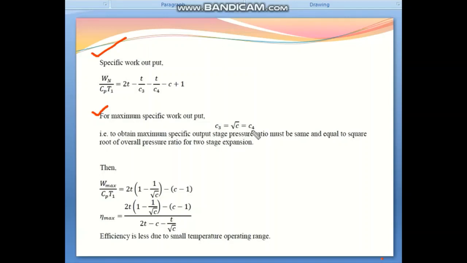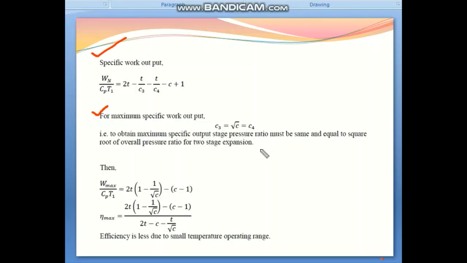We can assume that C3 is equal to C4 is equal to root over C. So to obtain the maximum specific output, the pressure ratio in each stage must be the same and equal to the square root of the overall pressure ratio for two-stage expansion.